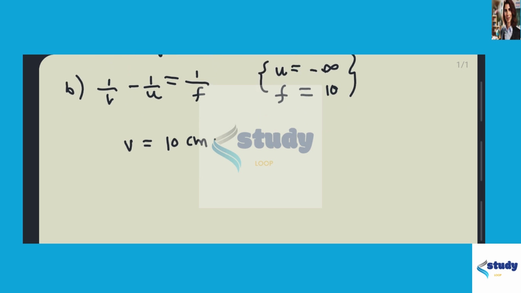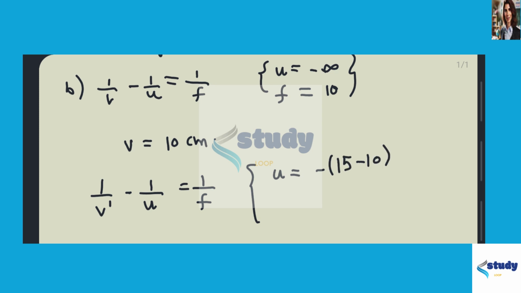For the second convex lens, 1/v' minus 1/u is equal to 1/f. The value of u would be minus 15 minus 10 centimeters, which is minus 5 centimeters, because this image will act as an object for the second lens.